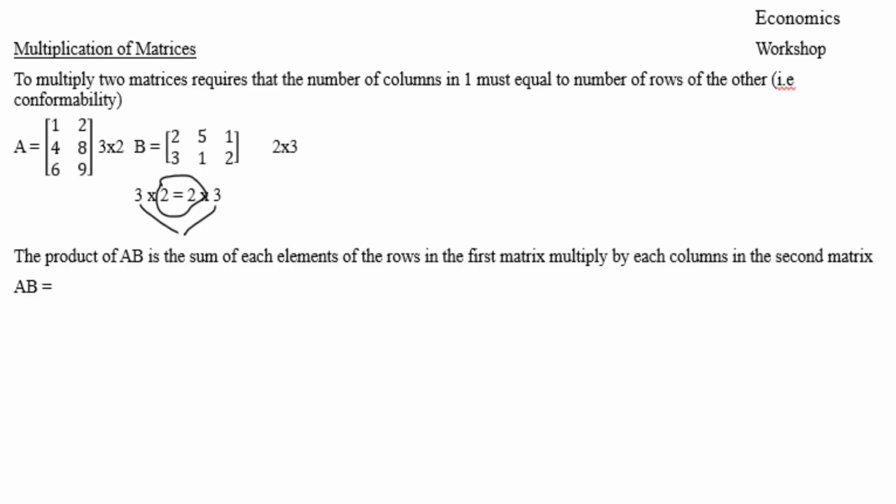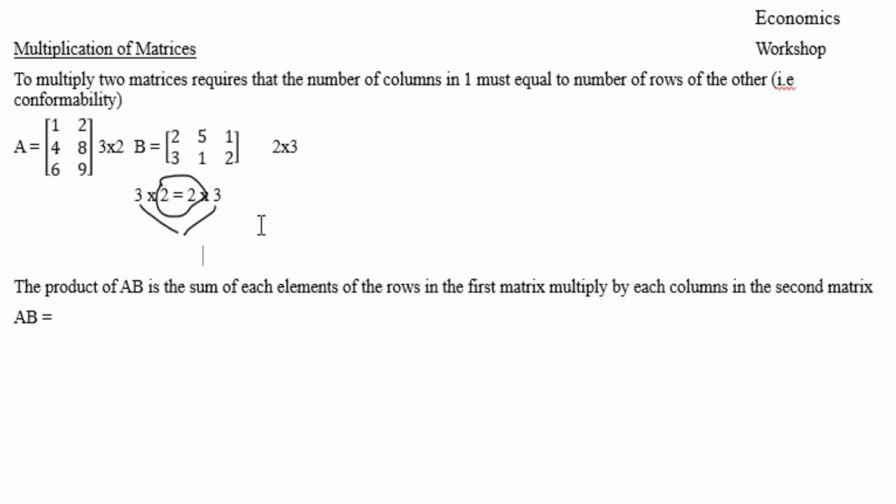So since we are left with 3, the end result will be a 3 by 3 matrix. So if we multiply this matrix by this, we are going to have a 3 by 3 matrix. So that's another thing to know.